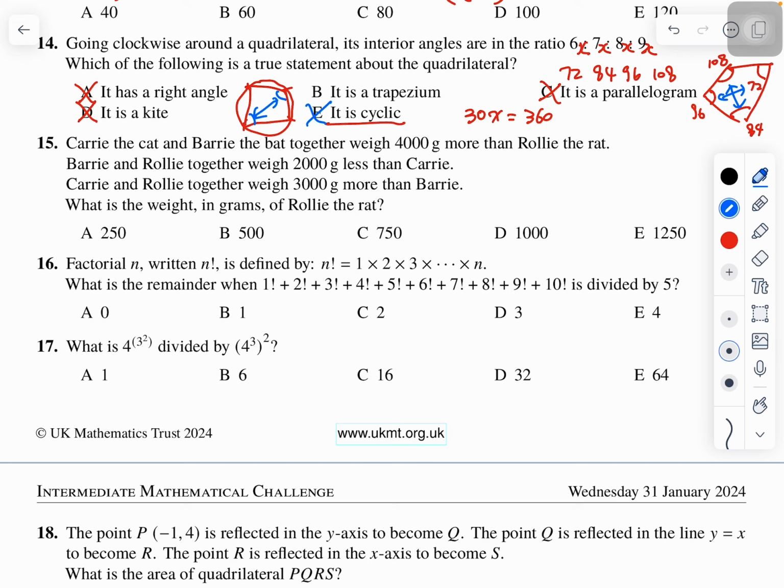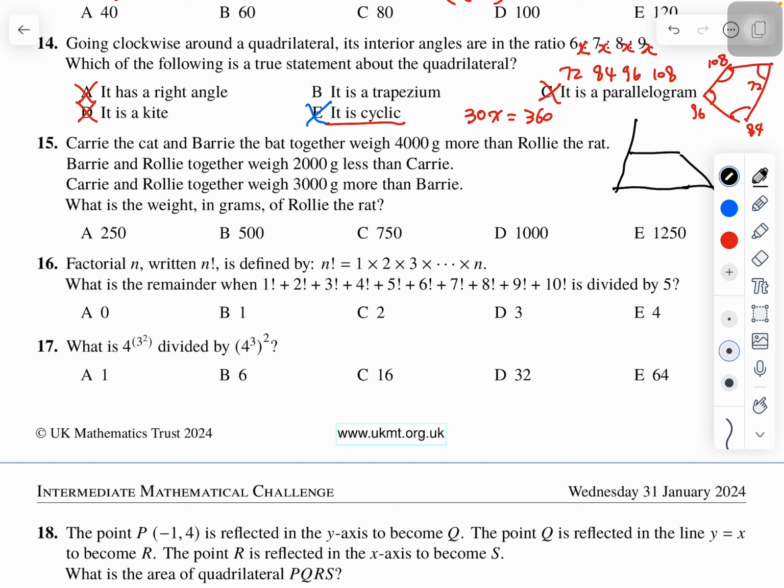So there is only one more option, which is trapezium. But we need to know why this is a trapezium. A trapezium has one parallel pair of sides, but we don't know what the other sides are. Maybe it looks very different, like this.